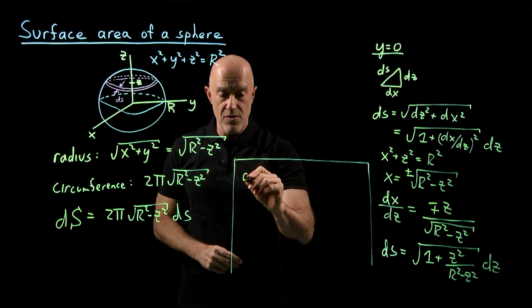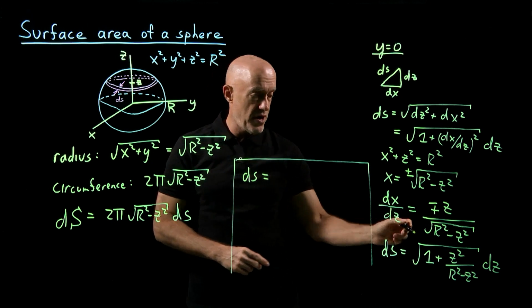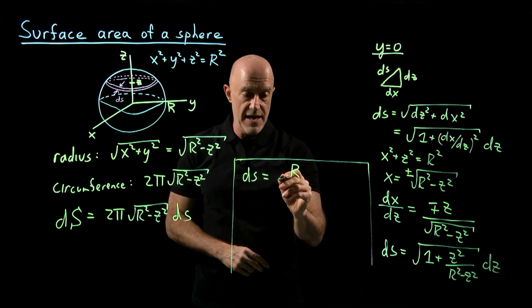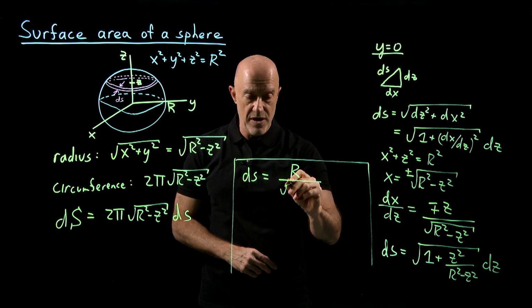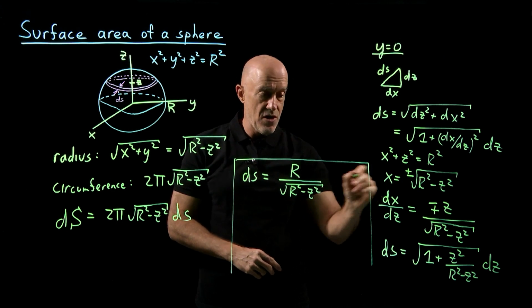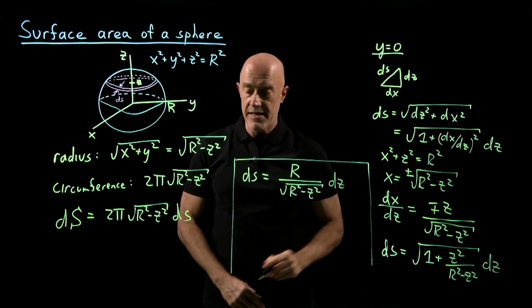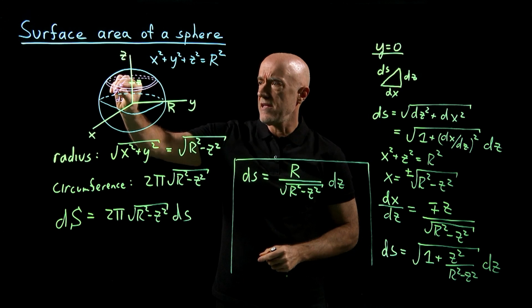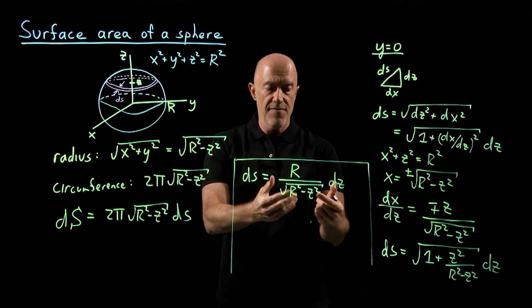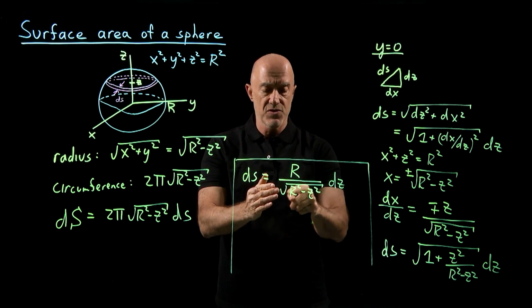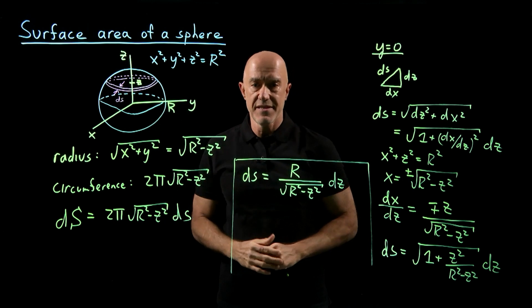So that gives us our ds then will be the square root of r squared, which is r, divided by the square root of that denominator, divided by the square root of r squared minus z squared, and that whole thing times dz. So this is the formula then for the infinitesimal thickness of our ring. So we have this extra factor of r over square root of r squared minus z squared multiplying the dz.